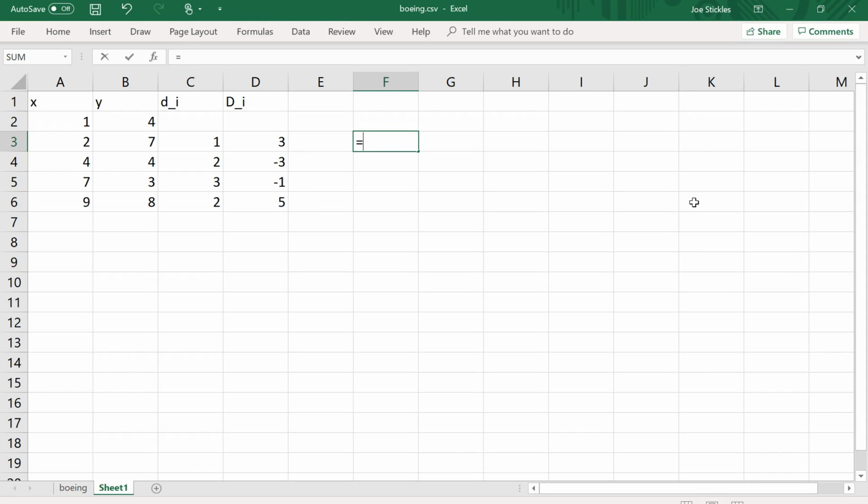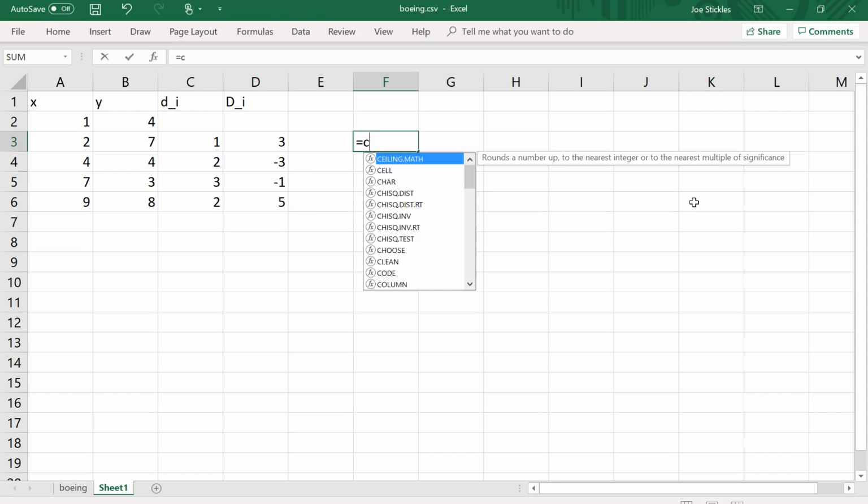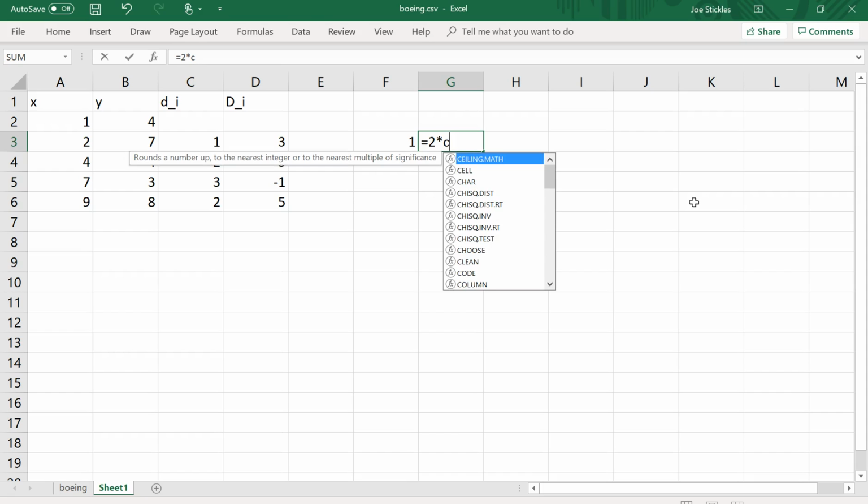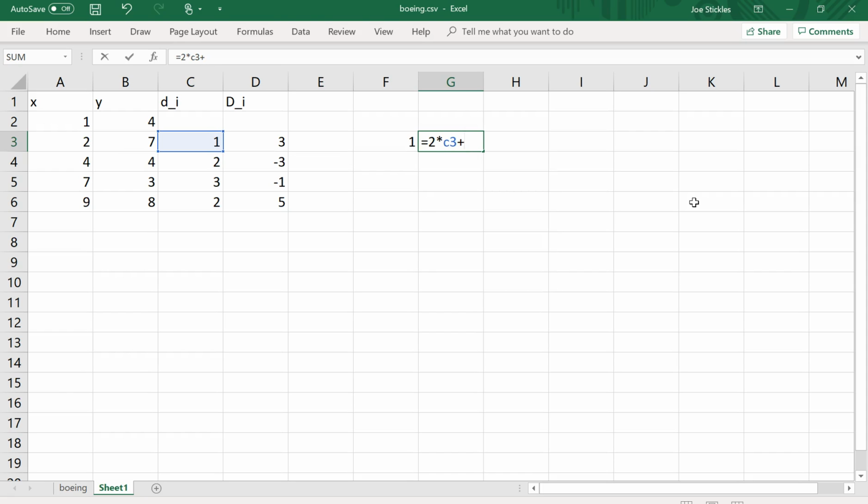I need to do equals delta 1, which is in C3. I can type the number 3. All right? That was delta 1. We agree? And then this one is 2 times C3 plus 2 times C4. Right? 2 delta 1 plus delta 2, 2 delta 2.